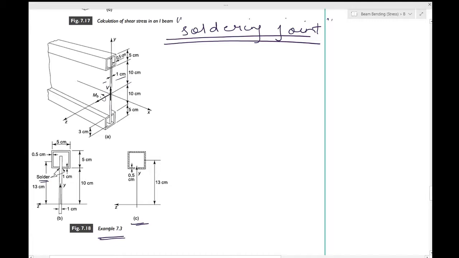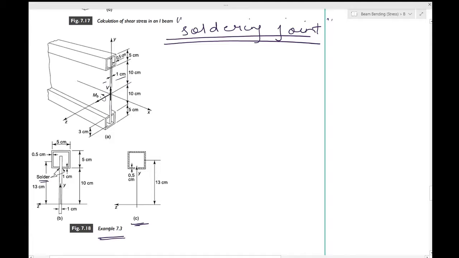If you look at figure 7.18c, I hope you can see why it is 13 centimeters. It is 10 centimeters to over here, and then there is half a centimeter. So this 10 centimeters is to the middle of it, then there is half a centimeter over here, and then 2.5 centimeters to the center. That's why it is 13 centimeters. So these dimensions have to be very clear.